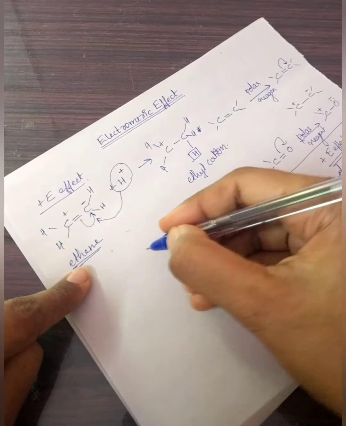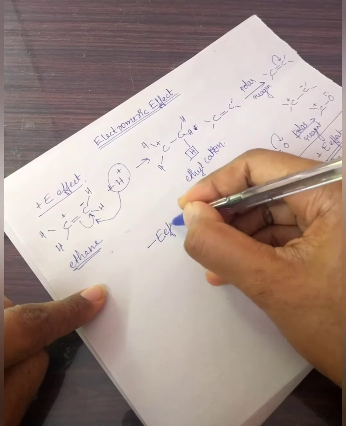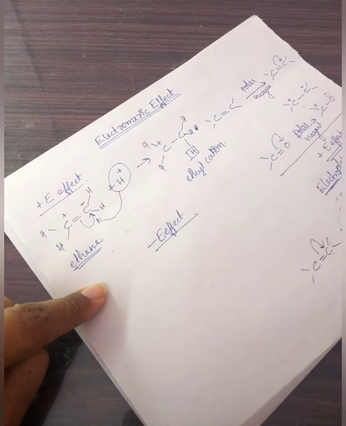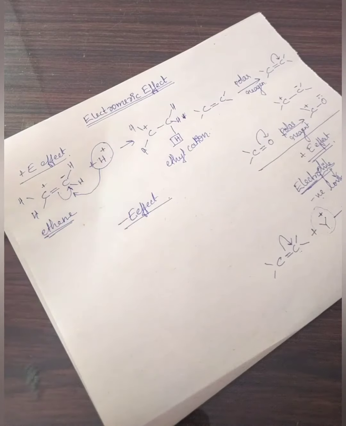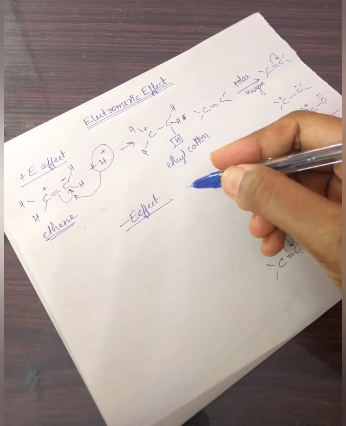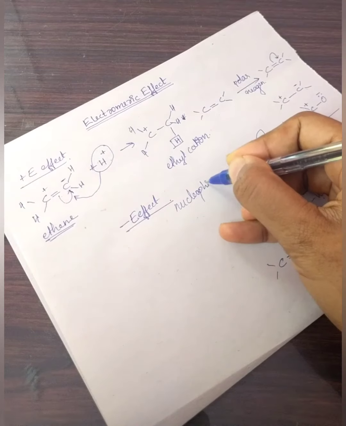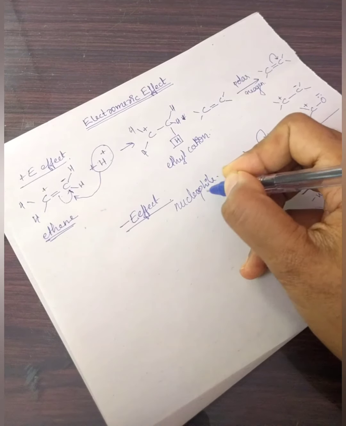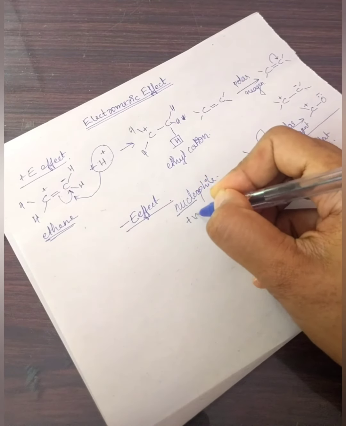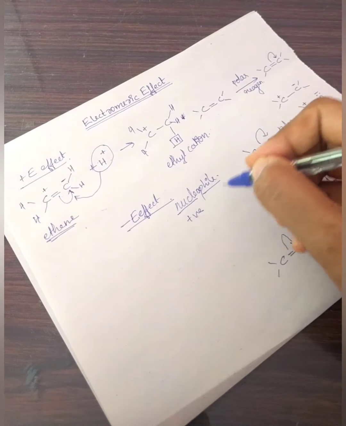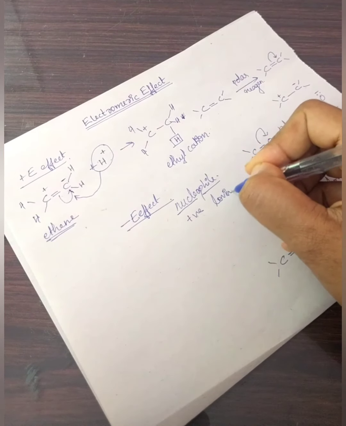So coming on to the minus E effect, when the attacking reagent is a nucleophile, that means a nucleophile is coming into the picture. Nucleophile means nucleus loving. Nucleo means positive charge, we have to assume like that, and phile means loving.